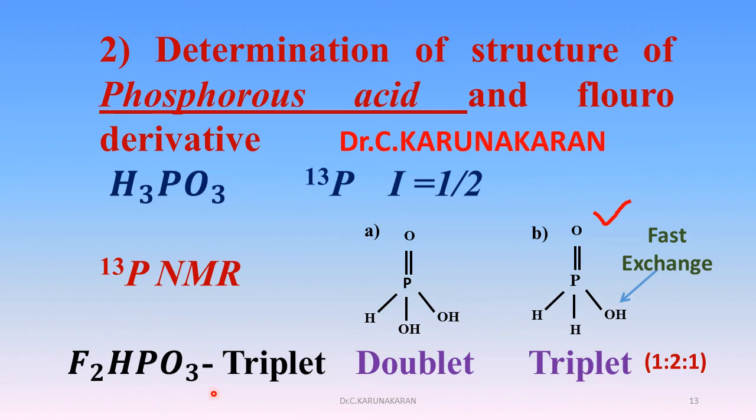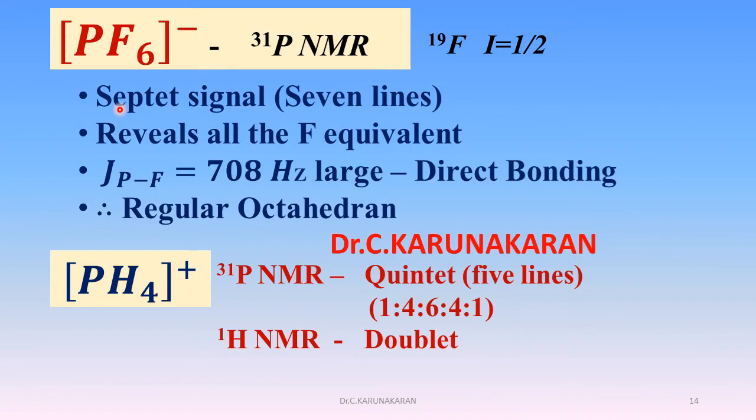Similarly, the structure of fluoro derivatives is also obtained. What is the structure of PF6 minus? It is elucidated using phosphorus-31 NMR. Sorry, previously I said phosphorus 15, it is phosphorus-31, mass number 31.